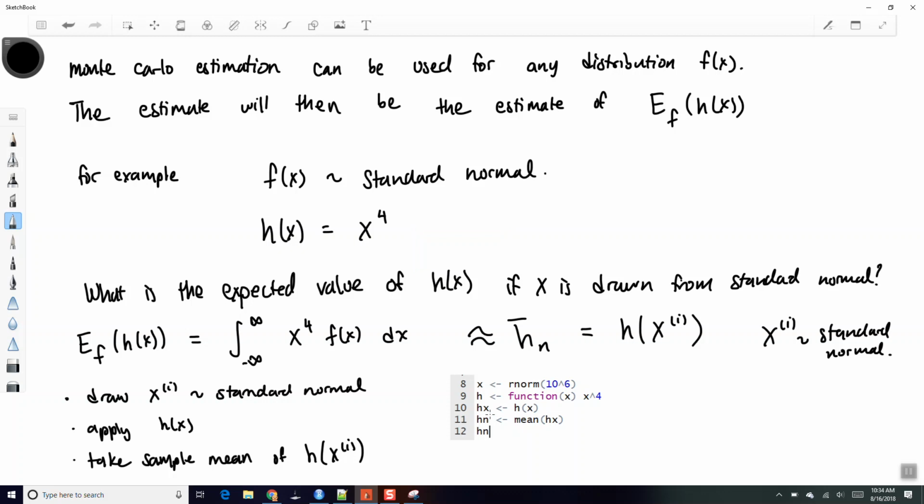Okay, we could run into a situation where the f of x is a difficult function or something, right?